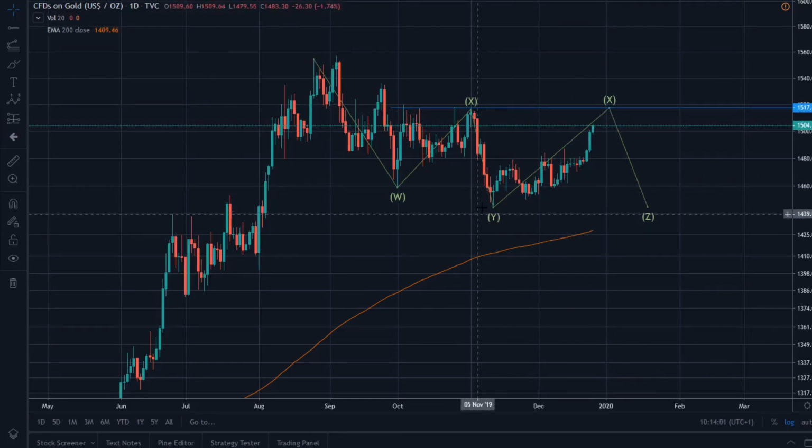And in my opinion, this cannot be a leading diagonal triangle, so this pretty much rules an impulse to the upside out. And so we have to have correctional targets that are basically below this high. And maybe there's even a turnaround at the utmost at this $1,517 to $1,520 range, and then another move down.